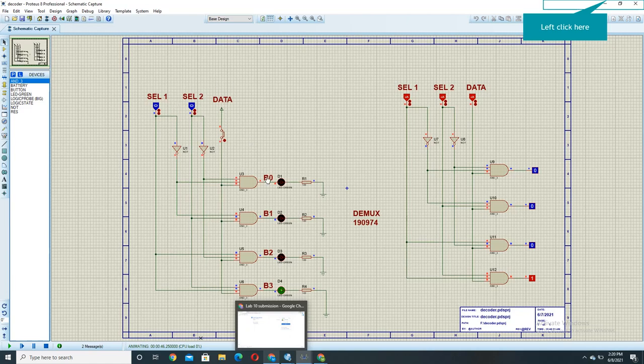The data is equal to A when both the selection lines are 0. The data is equal to C when selection line 1 is positive, and the data is equal to B when selection line 2 is positive. The data is equal to D when both the selection lines are positive.